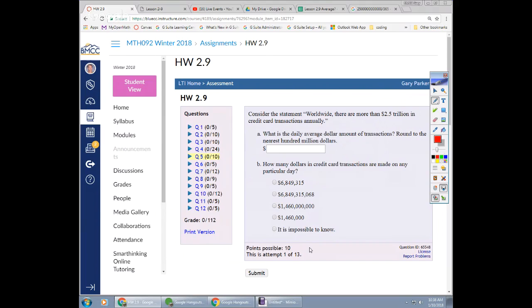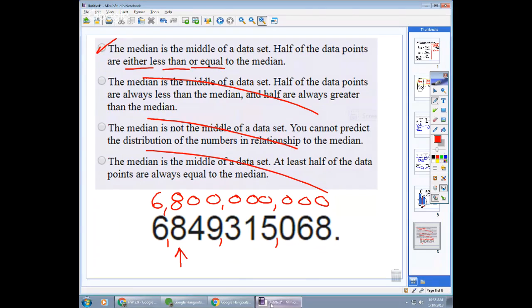How many zeros? I wasn't sure about the rounding parts. 1, 2, so 6, 7, 8 zeros. Often what I do is put the commas in there and then take them out after. A lot of the problems will accept it with commas.